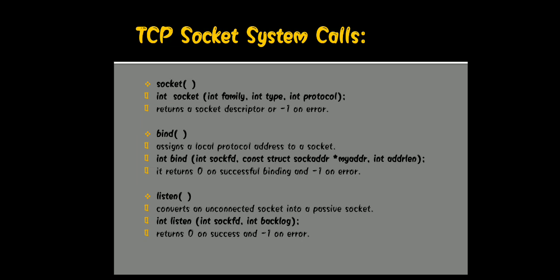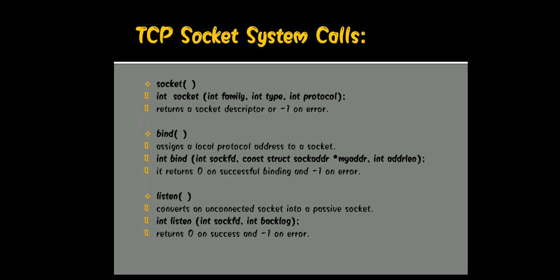Let us now move on to our next topic, system calls used by TCP socket. The system calls used by TCP client application are socket, connect, write, read, and close. The system calls used by TCP server application are socket, bind, listen, accept, read. Let us look into each system call in detail.